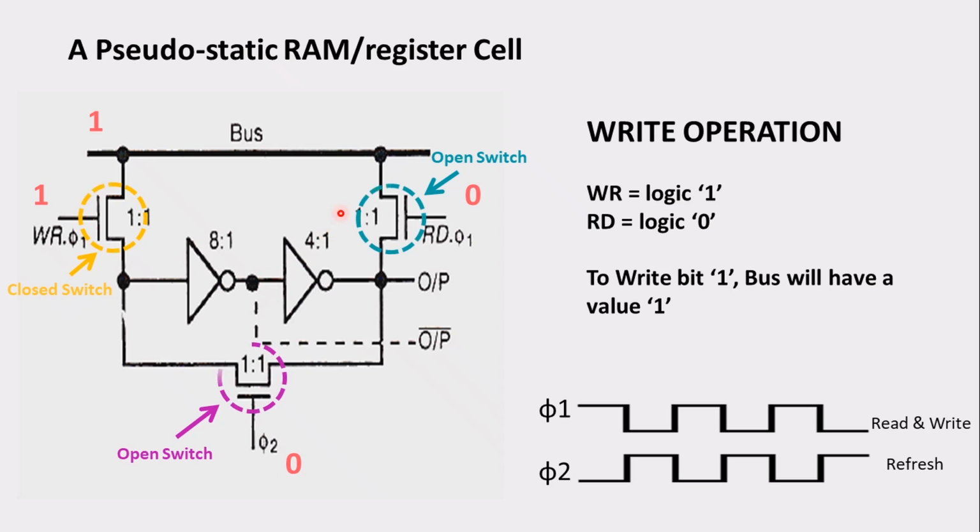So the bus does not get any path through those open switches, and the only path we are going to get is this path.